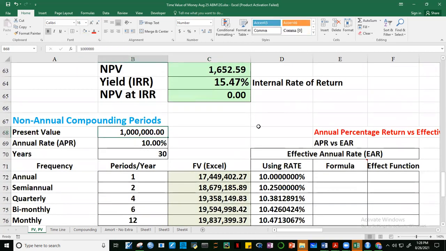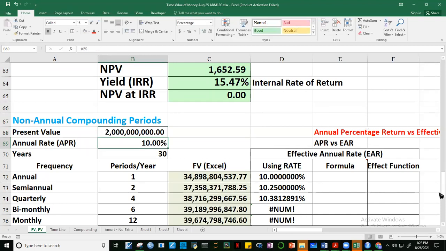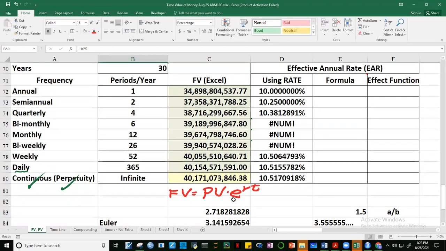Parang kanina, di ba? If this was 2 billion, kunyari ito yung kay Manny Pacquiao. So daily is 40.15 billion. This is 40.17 billion. So a difference of mga 18 million. So yung malaki or maliit, depende yan, guys, sa nagbabasa.